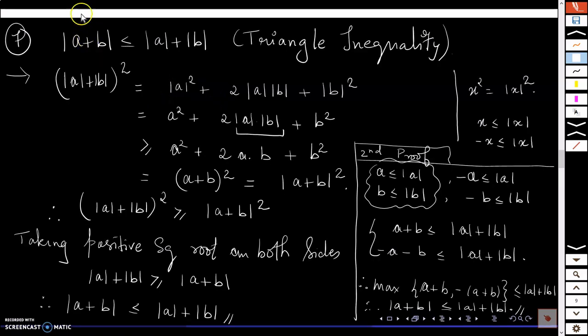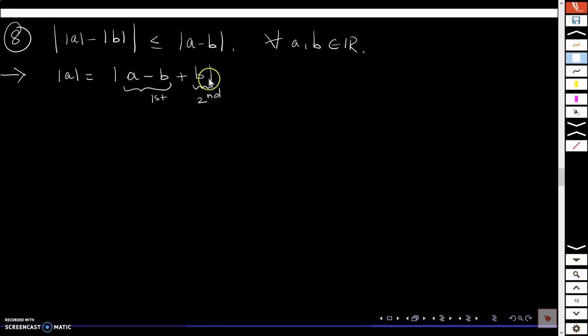I know that modulus of first term plus second term is less than or equal to modulus of first term plus modulus of the second term, right? So by the triangle inequality, this will be less than or equal to modulus of a minus b plus modulus of b. This step is coming from the triangle inequality.